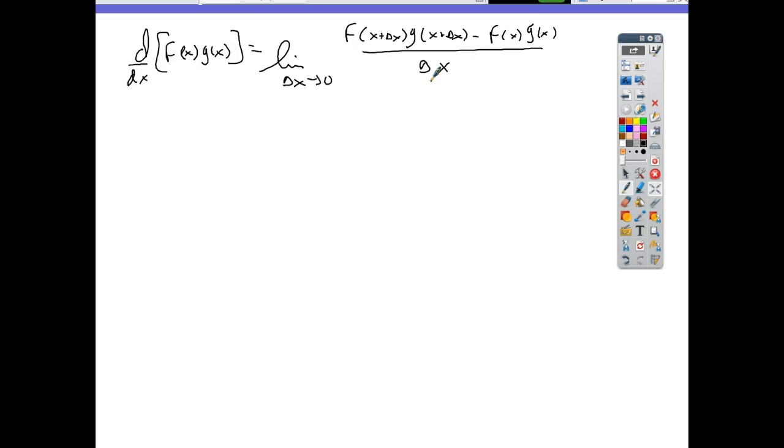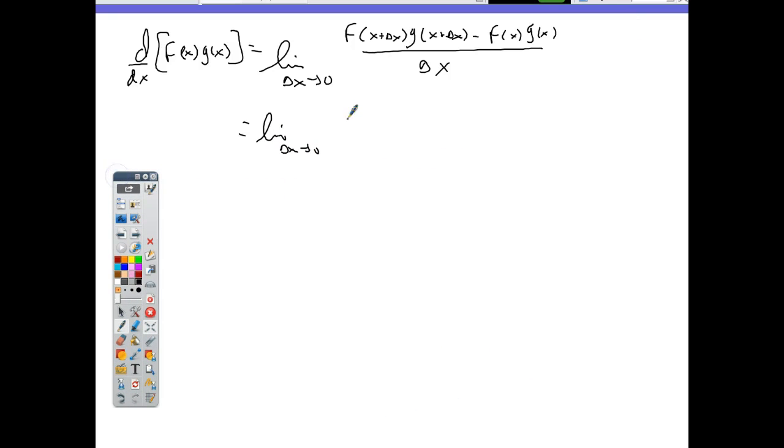Okay, now I'm going to do something completely weird that seems unfair, but it's a legal move. I'm looking at a piece of paper because it's not a move you would instinctively know to do. It's the same thing as before, but I'm going to randomly subtract the following: minus f of x plus delta x times g of x.